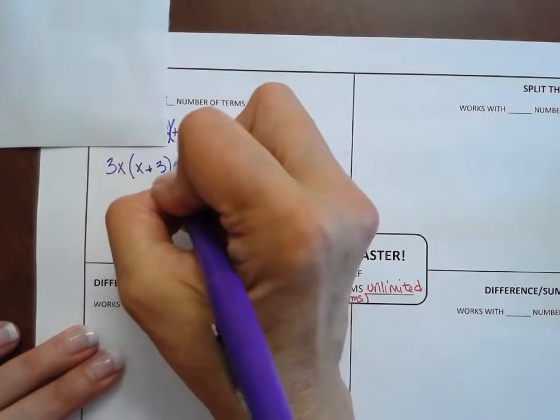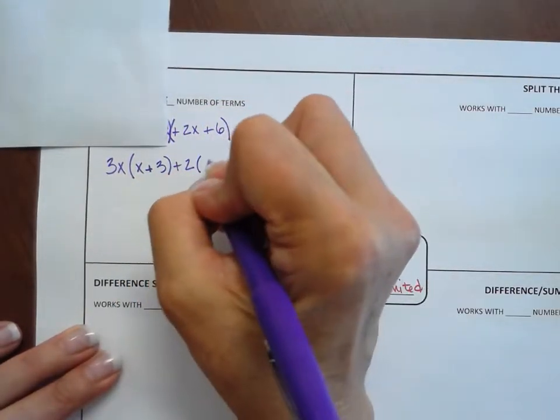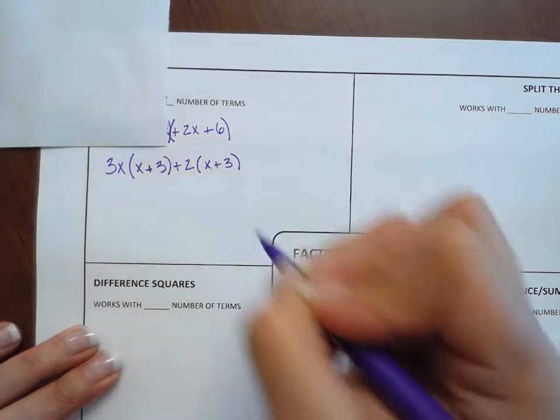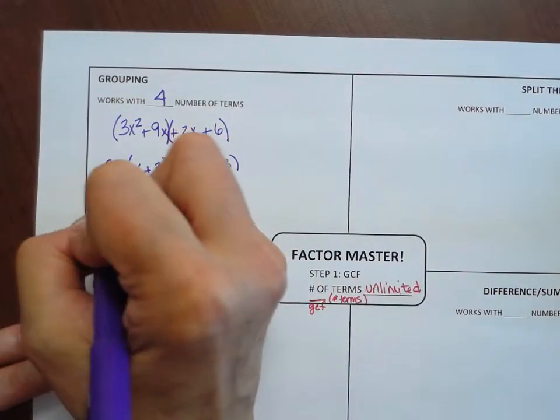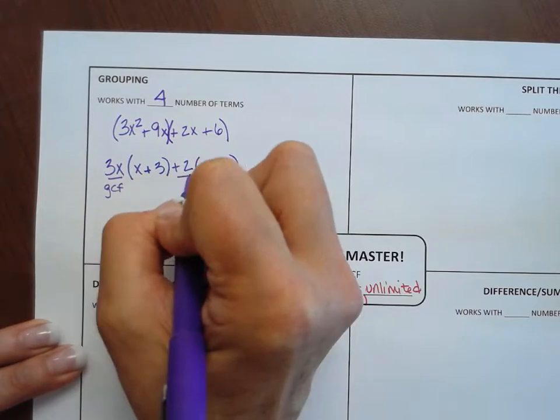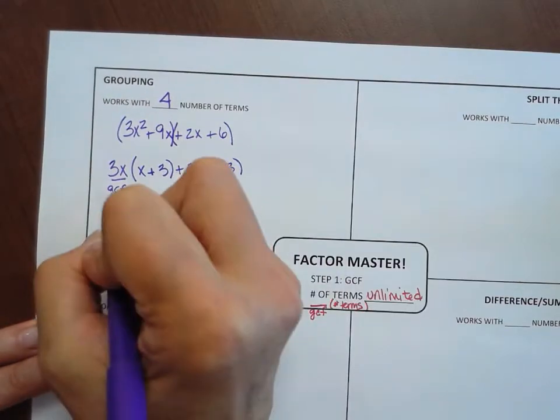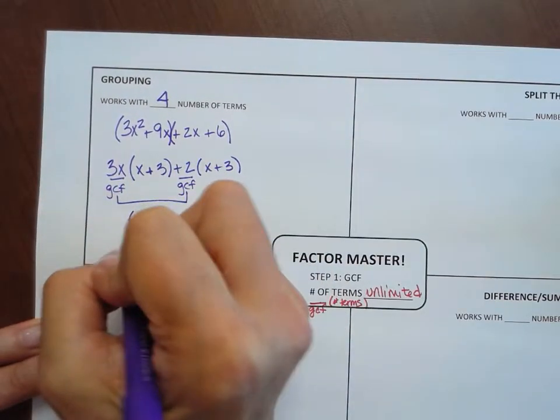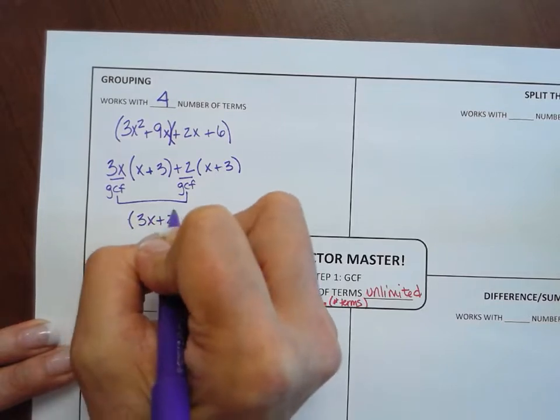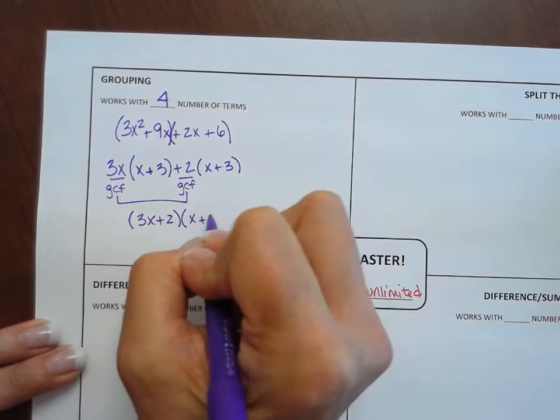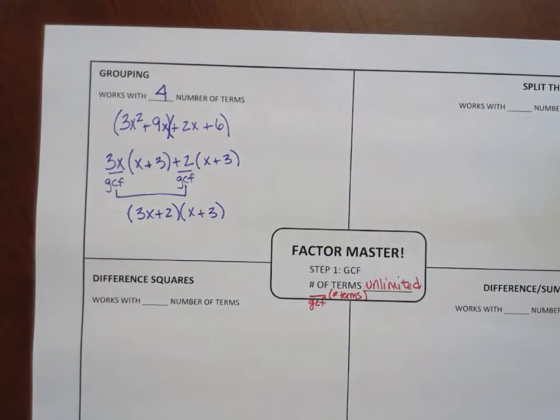Yep. And I'm left with x plus 3. So this was my greatest common factor, and this was my greatest common factor. I can regroup those together and keep the remainder along for the ride. How do you feel about those? Good?